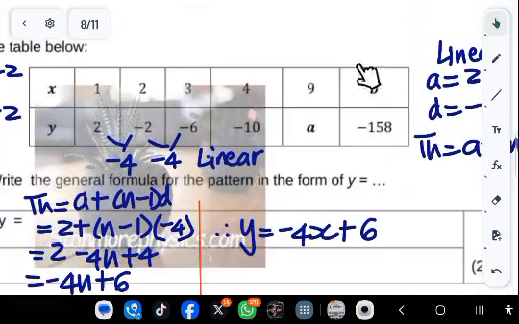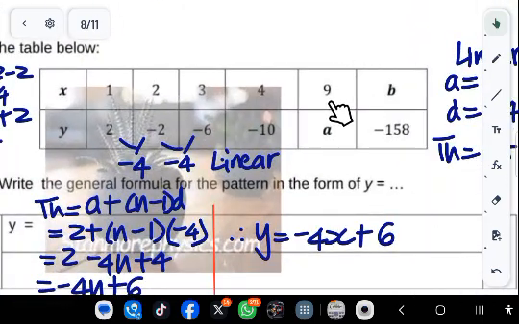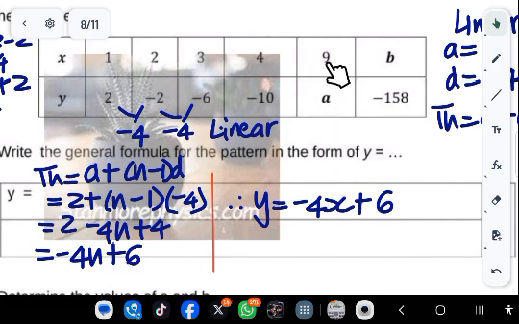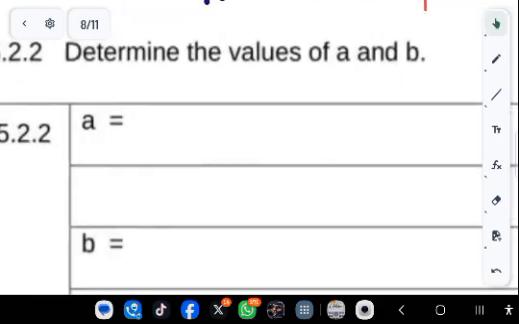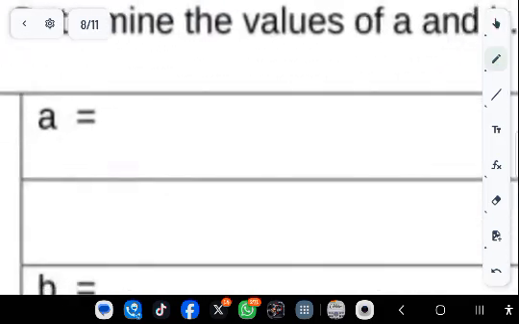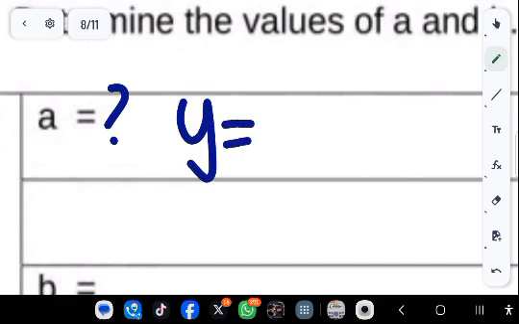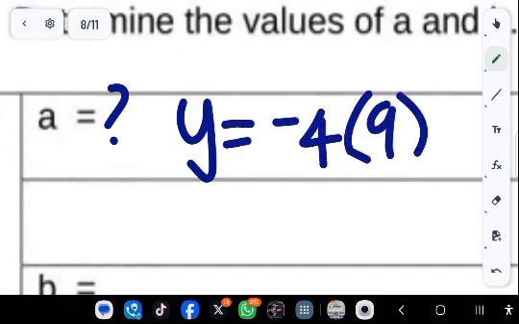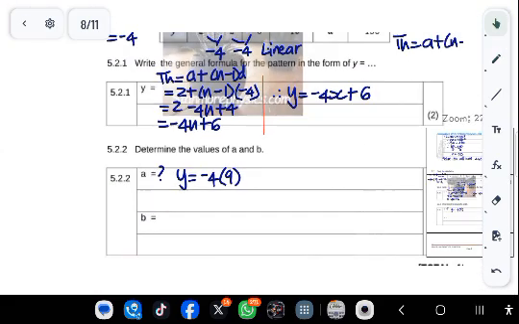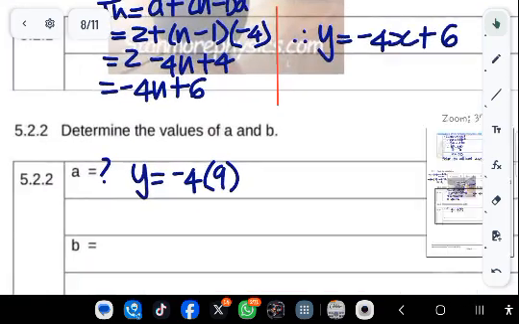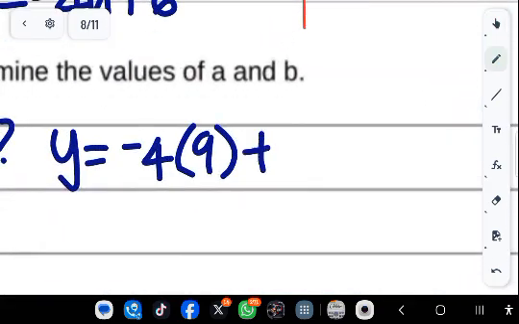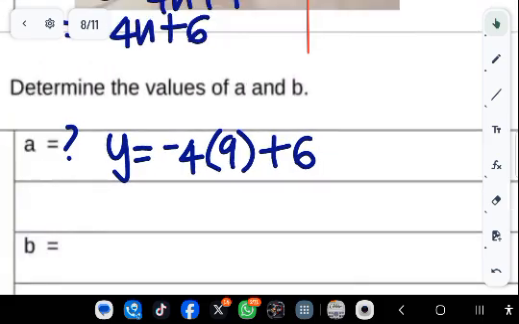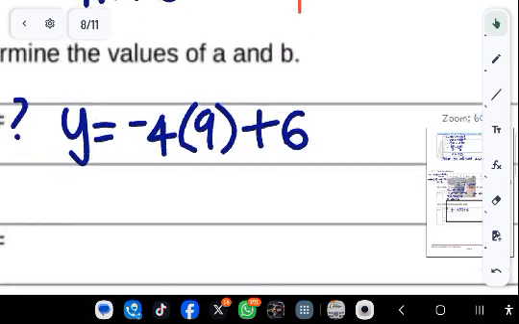Okay, now a is us finding the ninth term, or simply substituting 9 where there is x, so that we can find the y value. Alright, y equals negative 4 times 9 plus 6. That's what we do to find that. Take out a calculator.